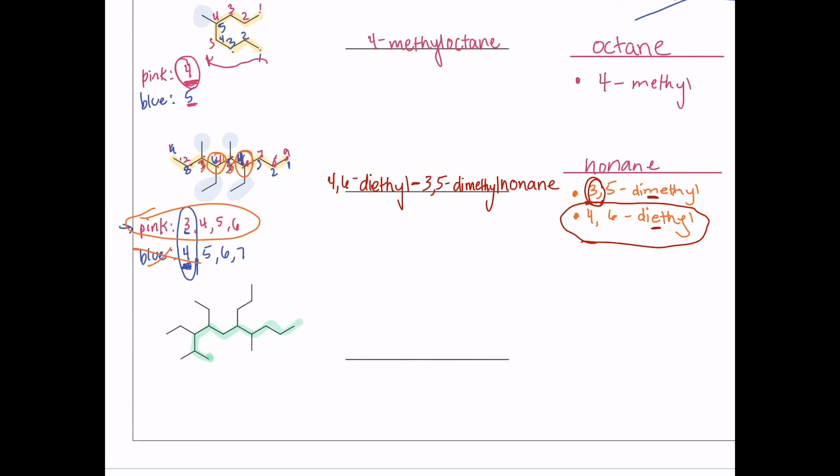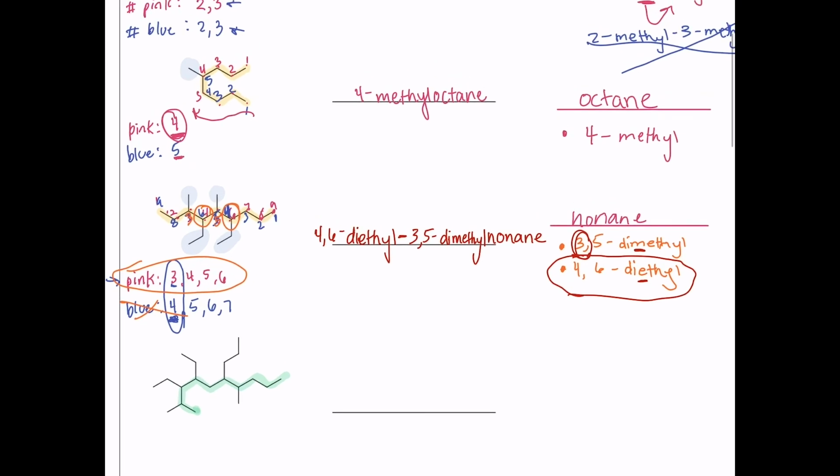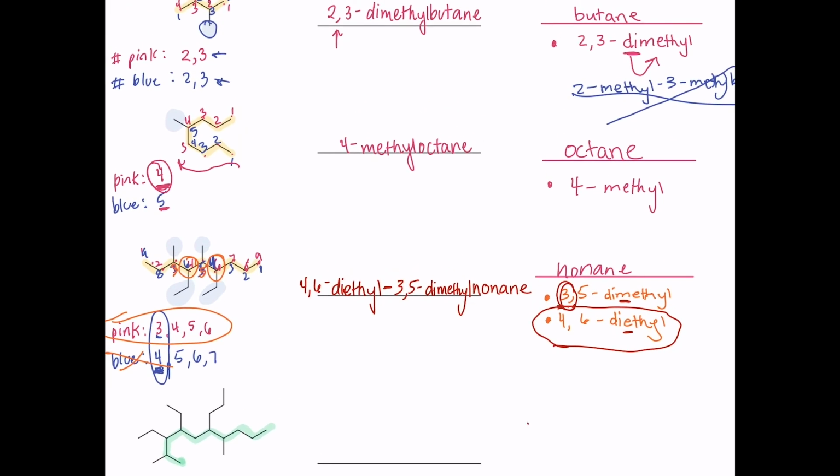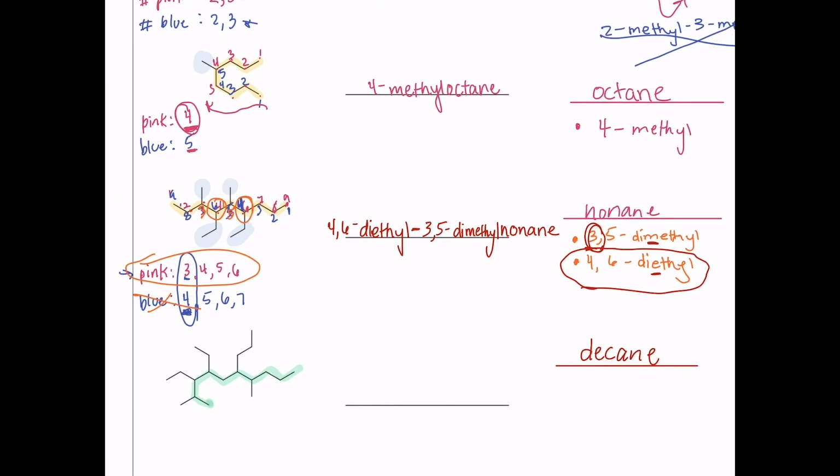Okay, so we said we had 10. 10 means I'm going to use the parent chain name decane. Okie dokie, so let's go ahead and highlight all of our substituents. So there's 1, there's 2, 3, 4, 5.